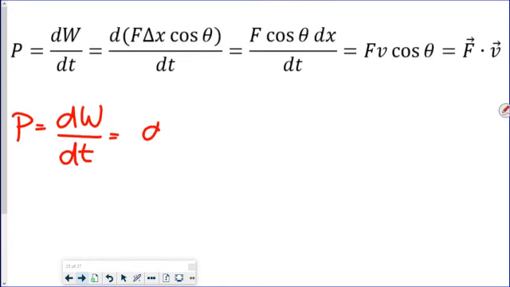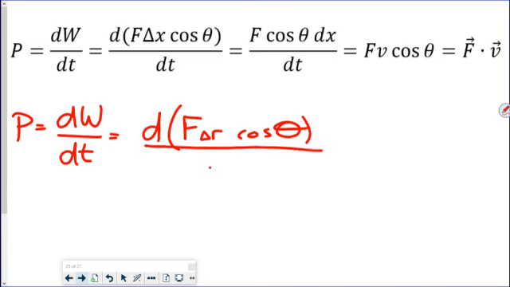So this is the derivative of force times displacement times cosine theta, right? I guess I probably should use delta r here, since it's not necessarily along the x-axis, right? Over dt, right?